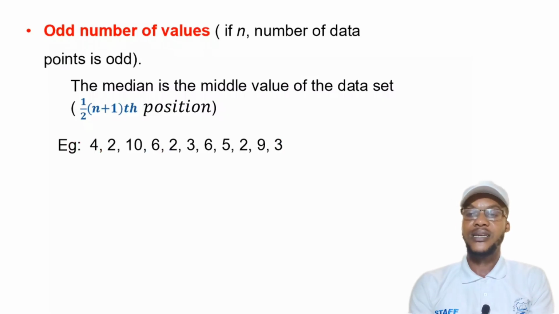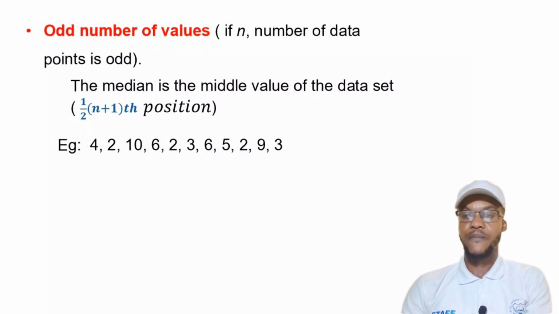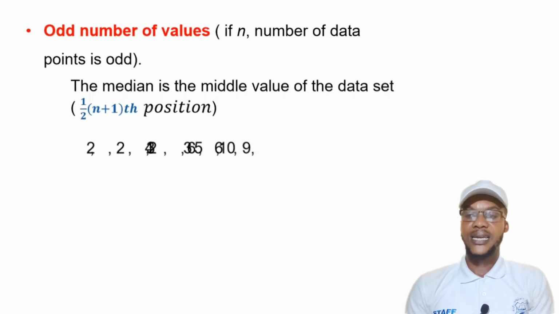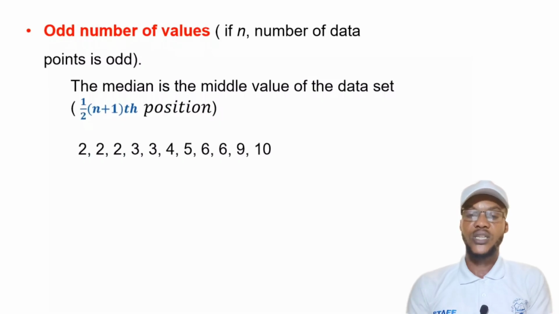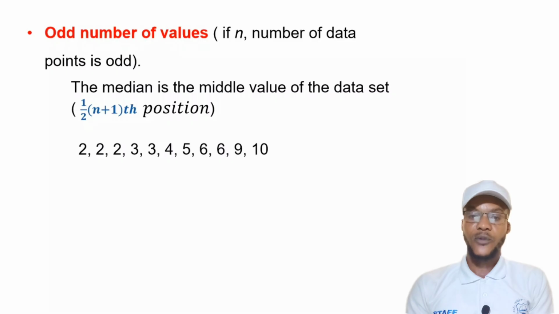Let's take this example and see how we can find the median. First of all, you need to arrange them in ascending order. As I said, either ascending or descending order. In this case, we have arranged ours in ascending order, from smallest to biggest.